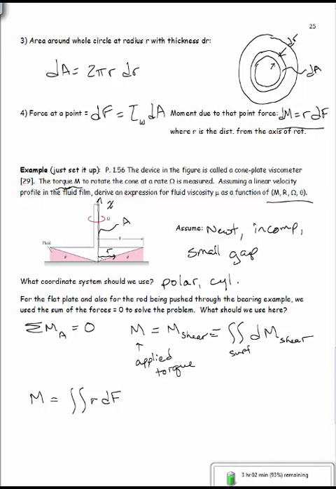So it's this perpendicular distance from the axis of rotation that particular dA sits, that gives us that dF. Well, the dF from up here is going to be the integral then of R, and then our dF is tau at that surface times dA.